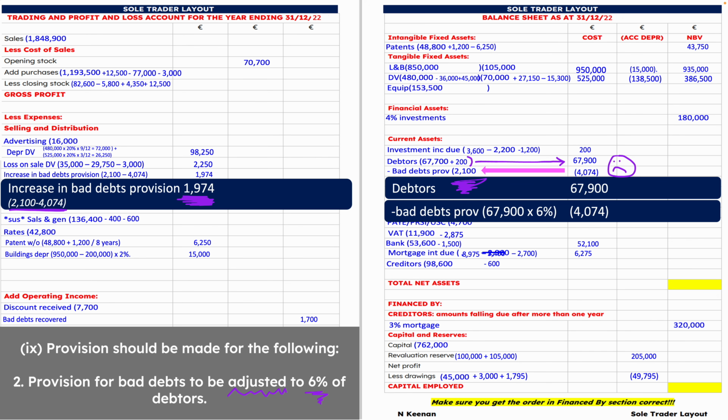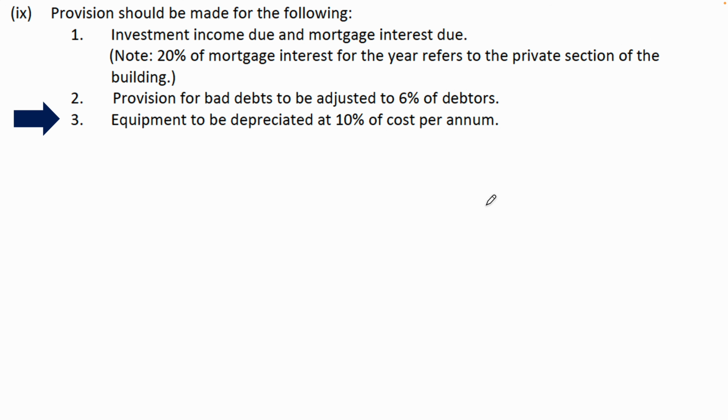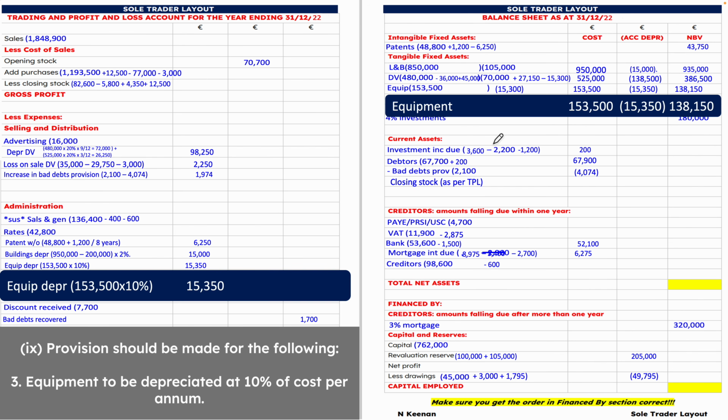All right, last but not least, equipment to be depreciated at 10% of cost per annum. The cost of the equipment was 153,500. We multiply that by 10%, which gives us 15,350, and we put that in admin expenses.